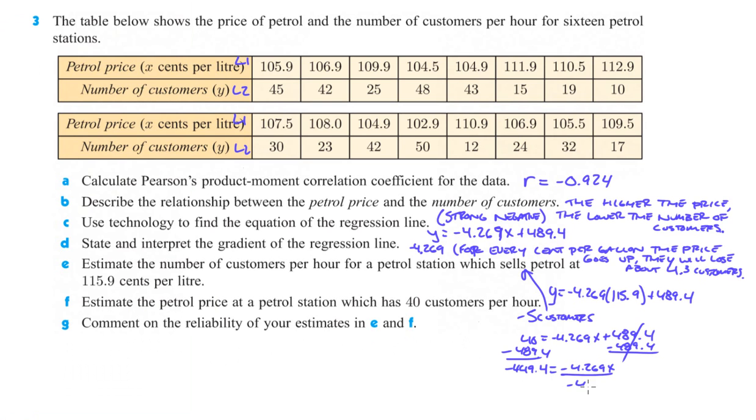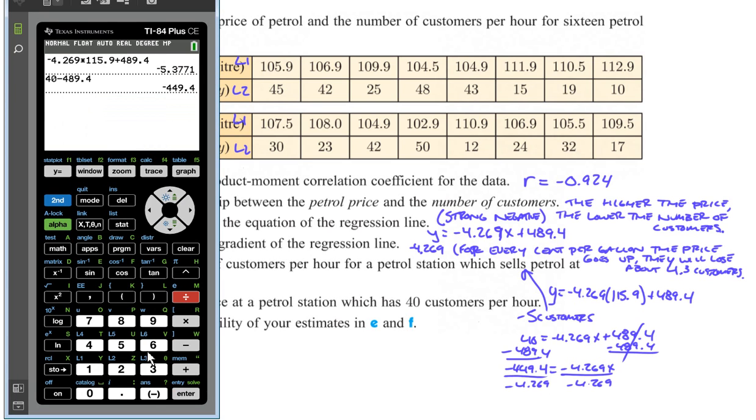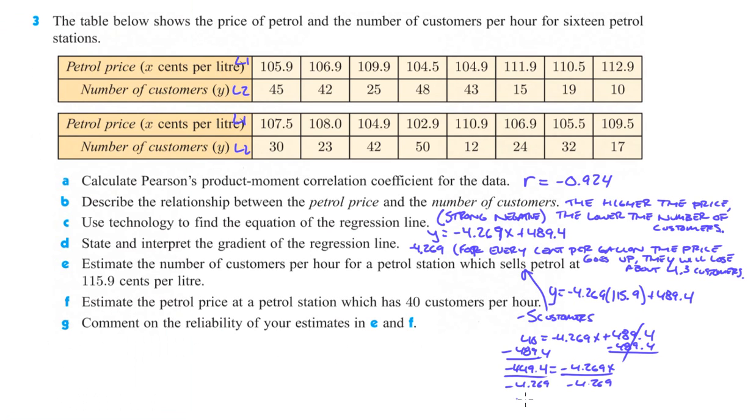Divide both sides by -4.269, and we get about 105. Oh, no, sorry.